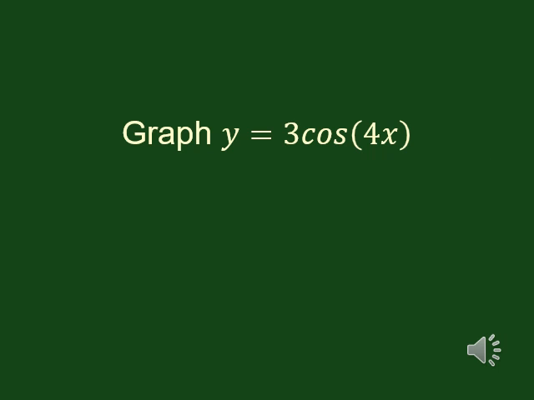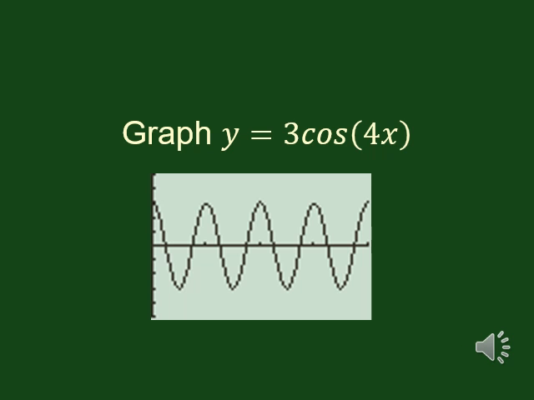So think what it would look like if you graphed y equals 3 cosine 4x. And again, you can see a calculator's version of that graph here with 4 complete copies. The important part on this is the period is going to be 90, the amplitude's going to be 3, and because it's a cosine, each cycle of the graph has that U shape.